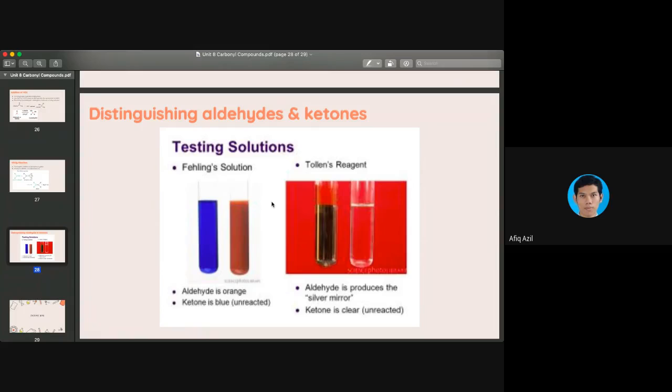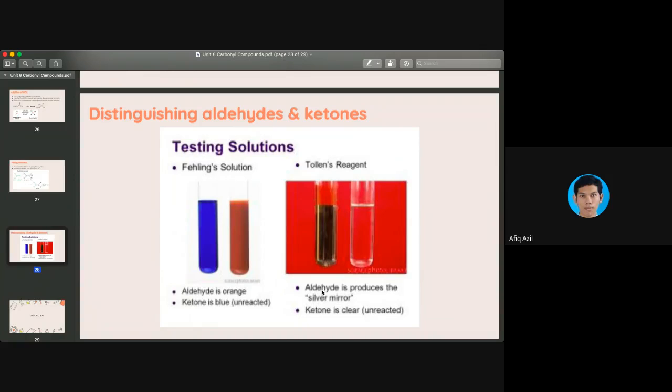One reaction you can do is the Fehling test, and another one is the Tollens reagent test. If you do the Fehling test, adding Fehling solution to aldehyde or ketone, aldehyde will give you a reddish orangish solution, while for ketone, the color of the solution will remain blue, meaning unreacted Fehling.